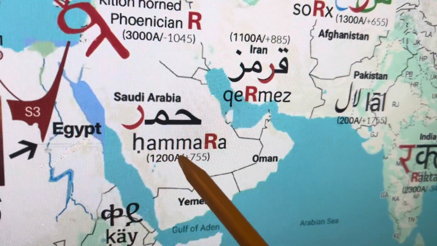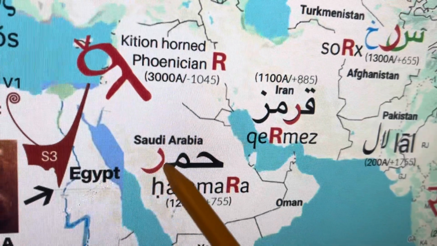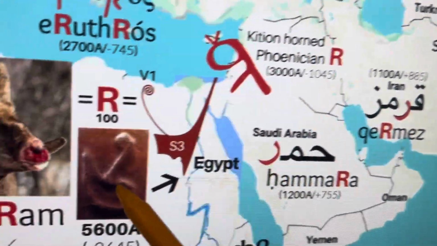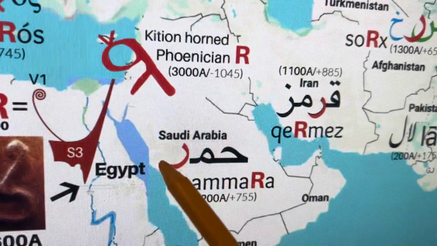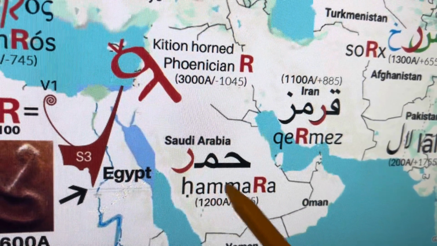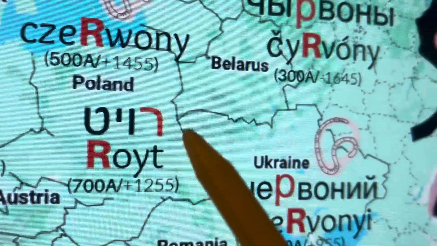We see Ham, Ra, that's the R symbol. So this ram became this symbol in Phoenician, but it eventually became this curl symbol in Arabian, which you can sort of see is this symbol here in Hebrew.